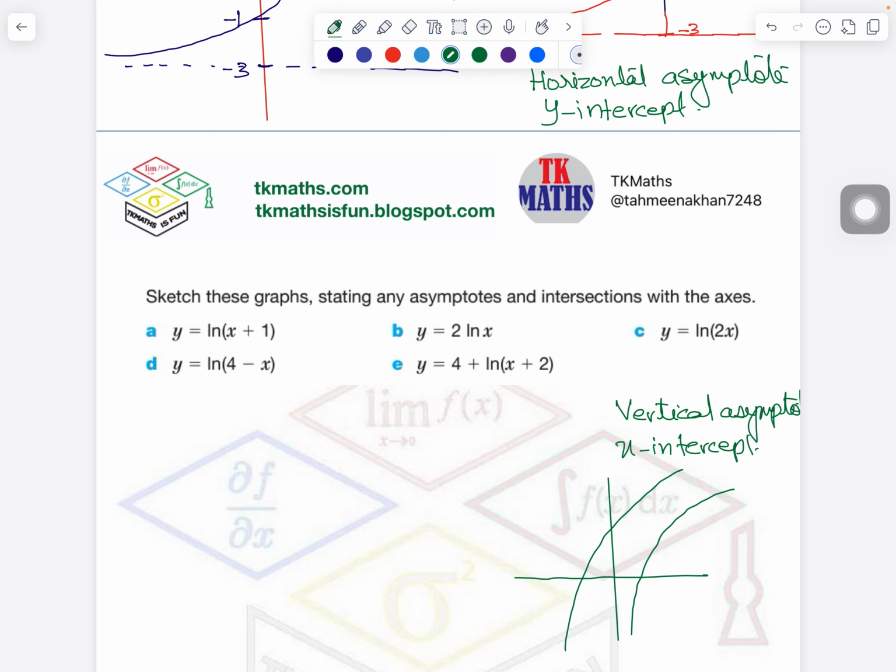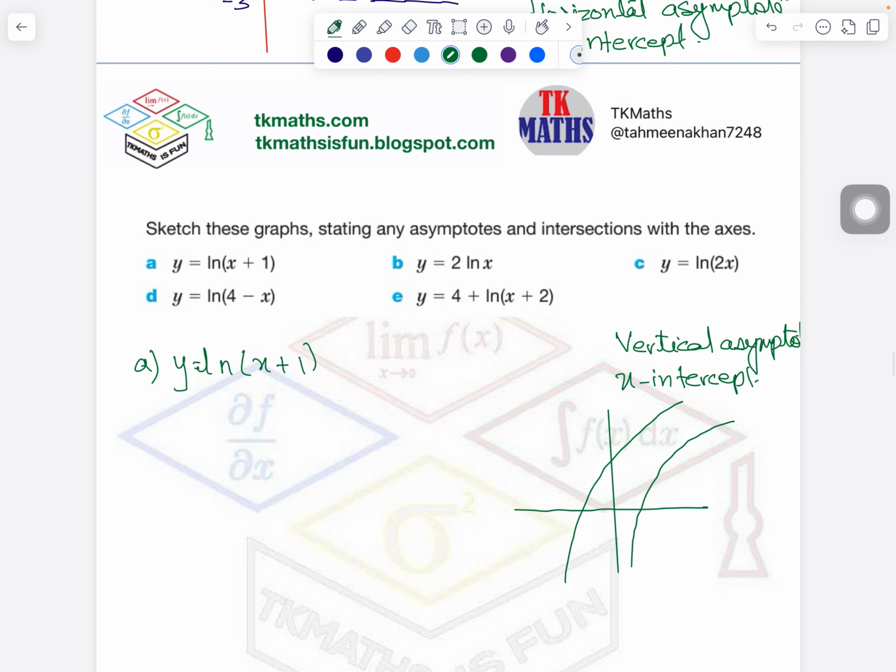Now let's start with part 1. Y is equal to ln(x plus 1). Now for the x-intercept, number one thing. For the x-intercept, we know y is equal to 0. So in this equation, if y is 0, then what should I have here instead of x plus 1?